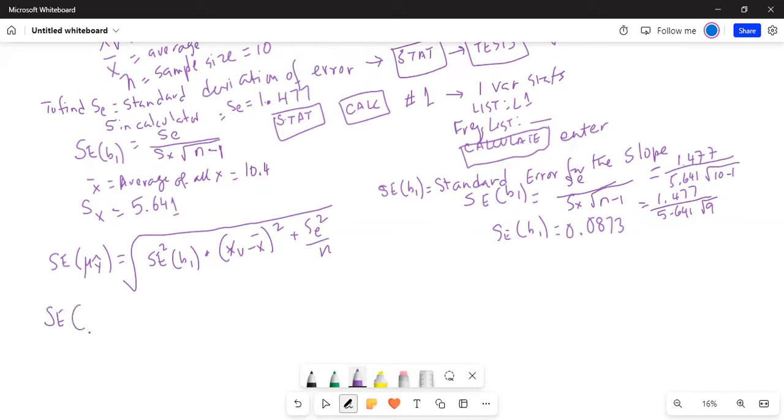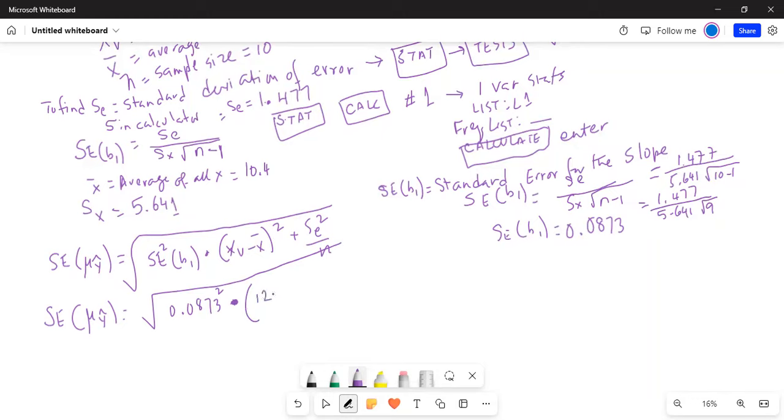So the standard error for the average value of y hat is equal to the square root of SE squared for B1, which we already calculated as 0.0873, and we have to square it, multiplied by x value minus x bar. We are predicting the 95% confidence interval for the predicted y when x is 12.